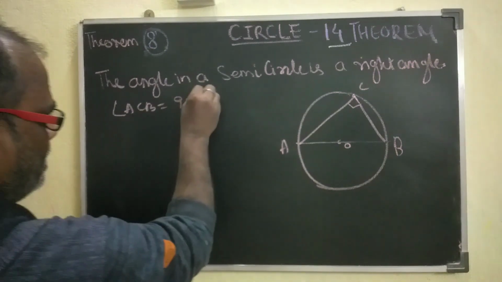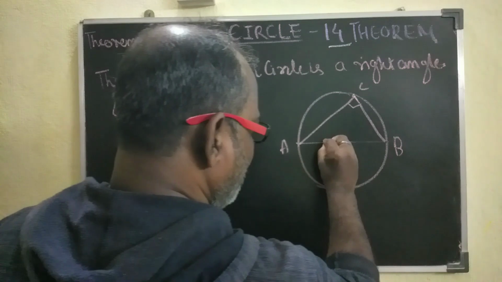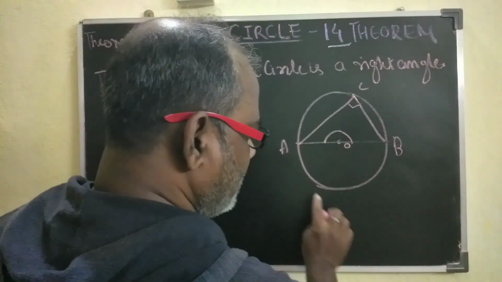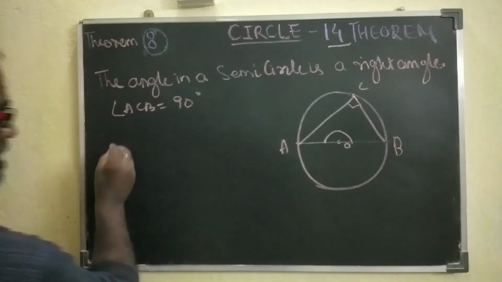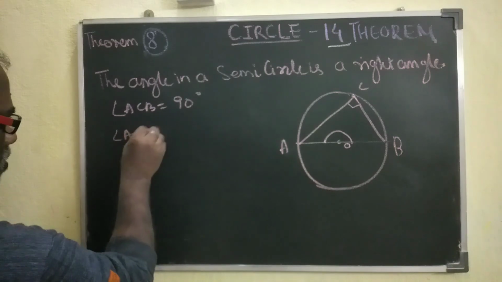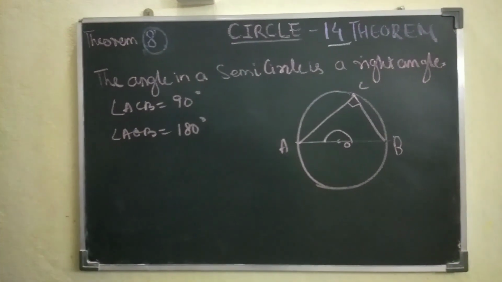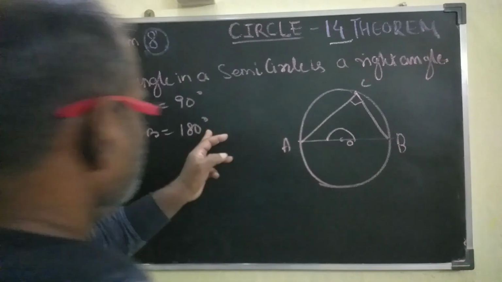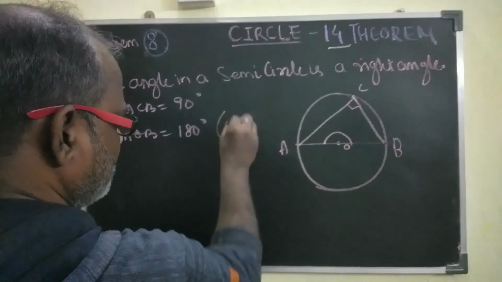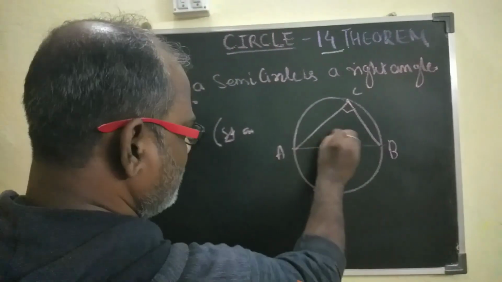equals 90. We know that angle AOB, the angle subtended by the arc AB, is 180 degrees. Angle AOB equals 180 degrees, because it is a straight angle.